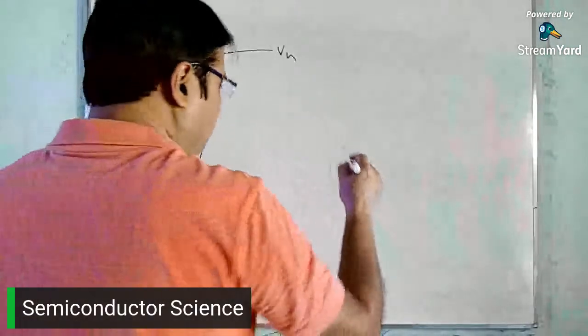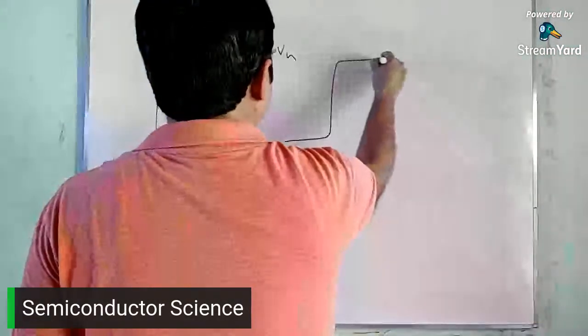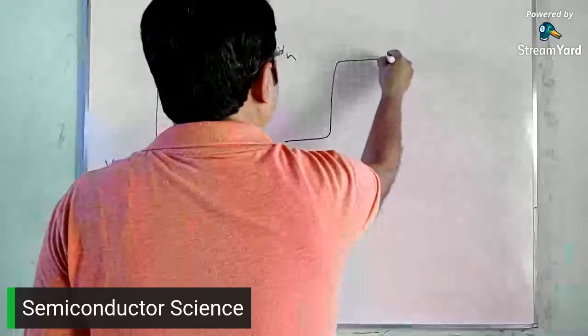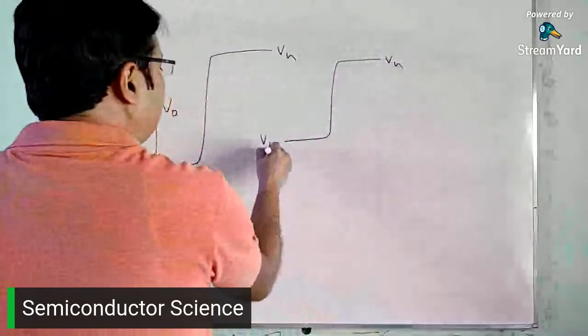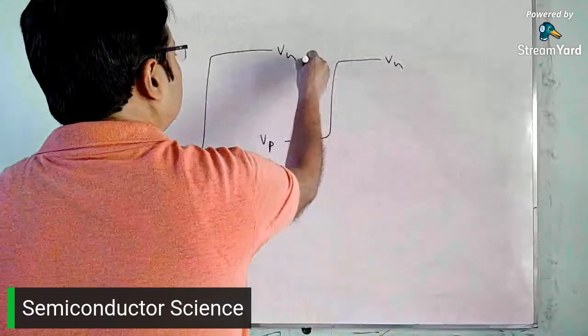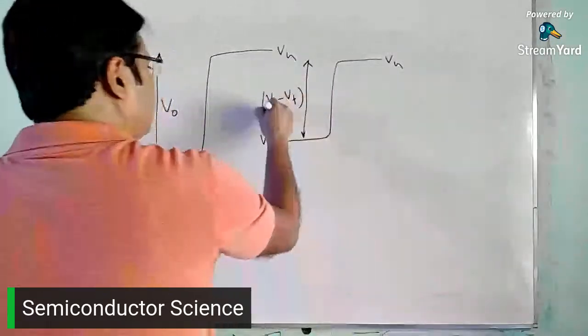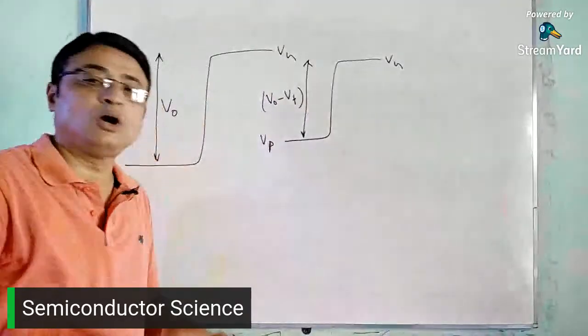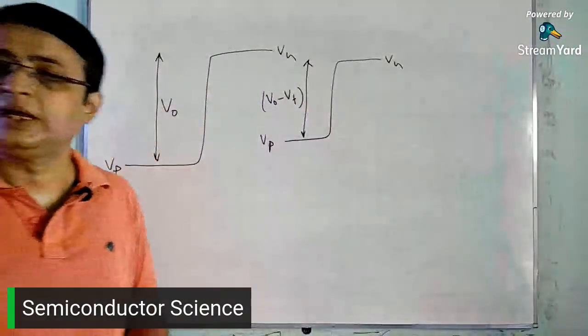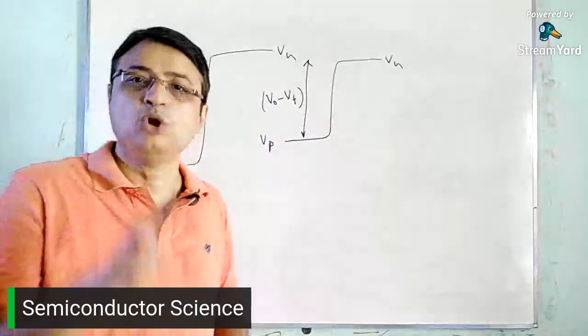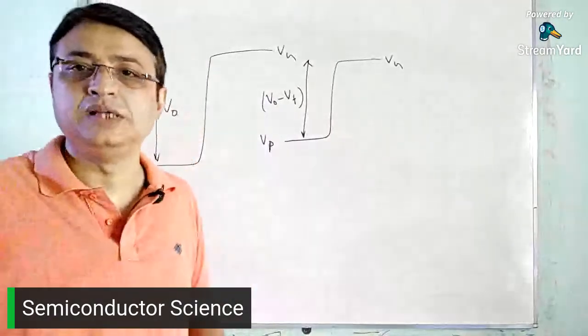So it will look like this: here Vn, this is Vp, and this is the value V0 minus VF.